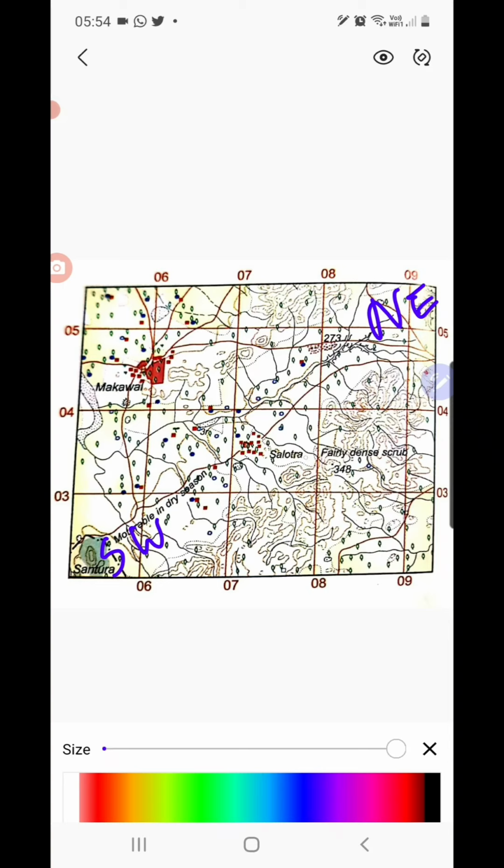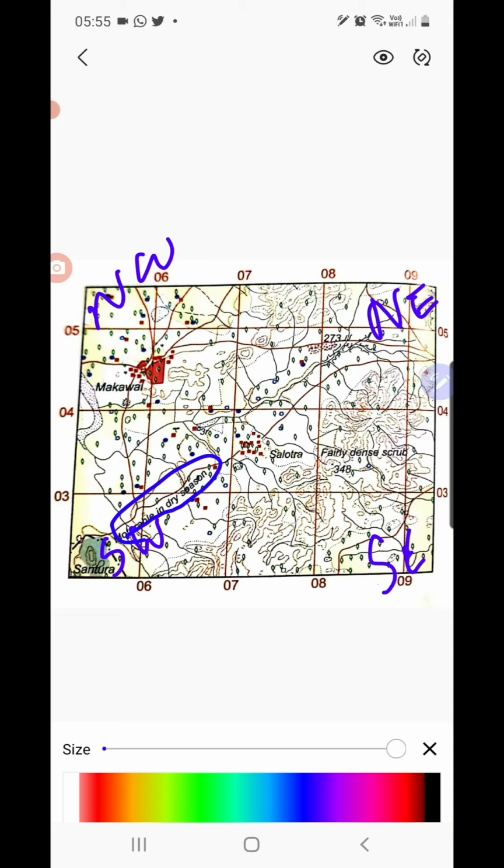So here in southwest you can see it is written motorable in dry season. The meaning is that this road is not suitable for vehicles during the monsoon season or during the rainy season. Otherwise you can say the road can be used only during the summer season. That is the meaning of motorable in dry season.